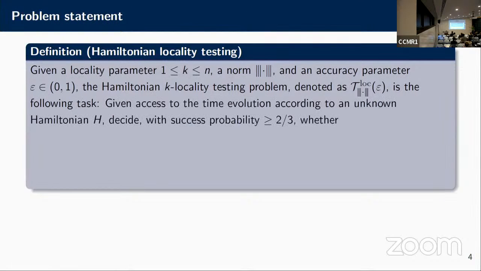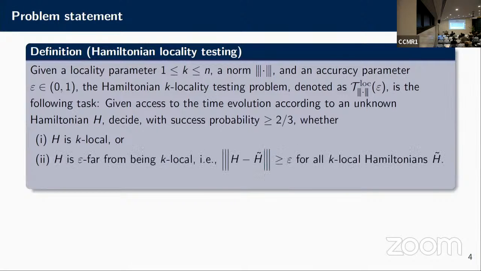You're given access to the time evolution according to an unknown Hamiltonian H, as in learning, and you want to decide with success probability at least 2/3 whether one of the 2 following things is true: either H is k-local, or H is epsilon-far from being k-local in the norm that comes with the problem, meaning that the difference to any k-local Hamiltonian in this norm is at least epsilon.